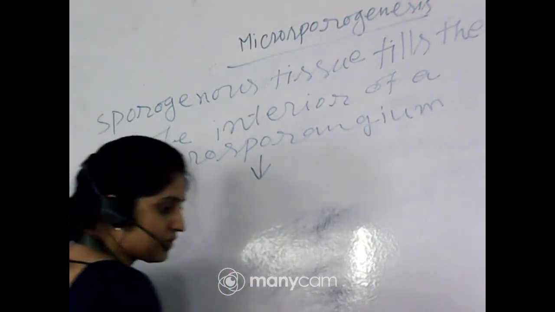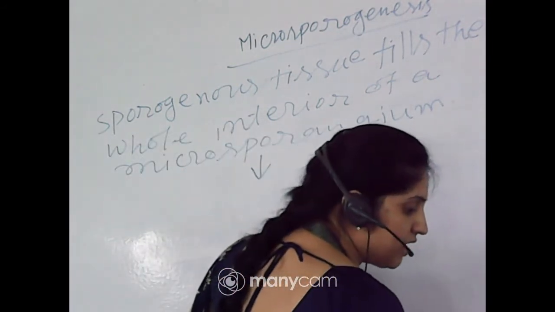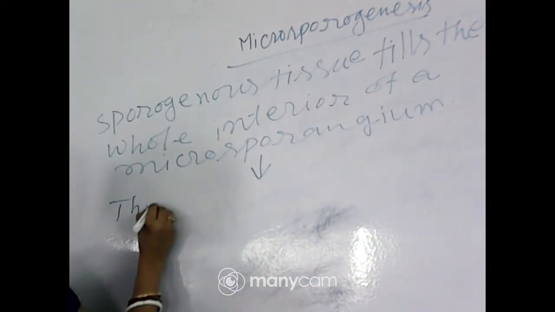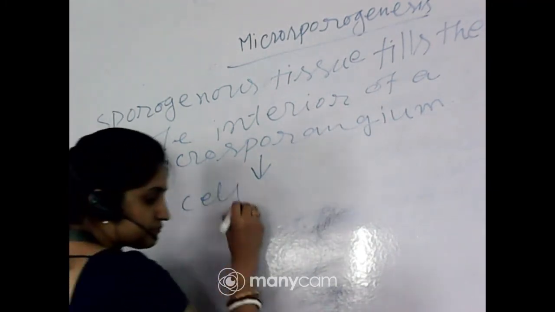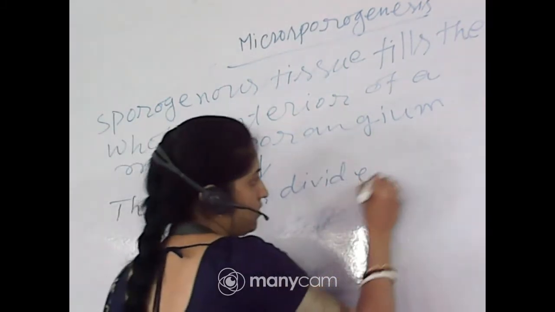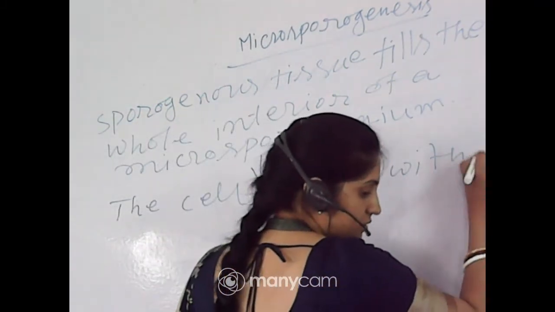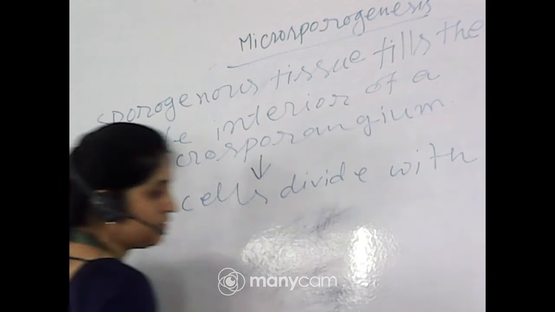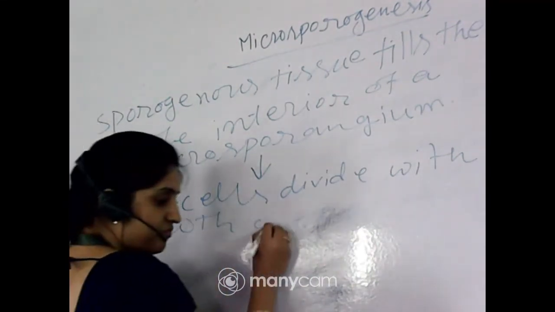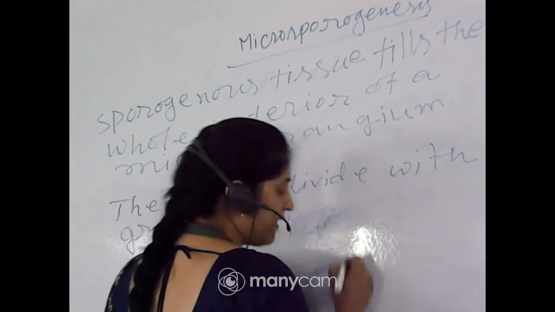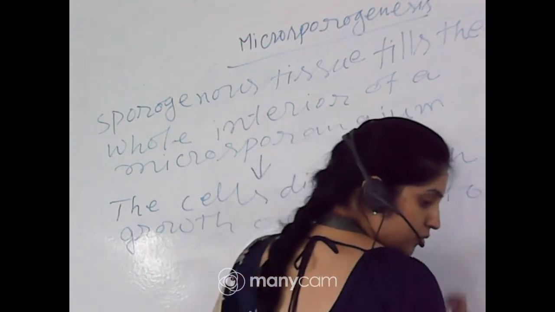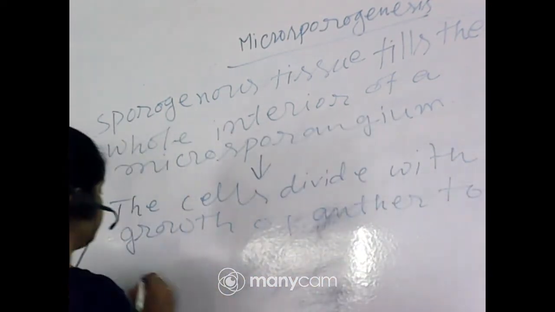Next step, the cells start to divide with the growth of the anther to increase their number.